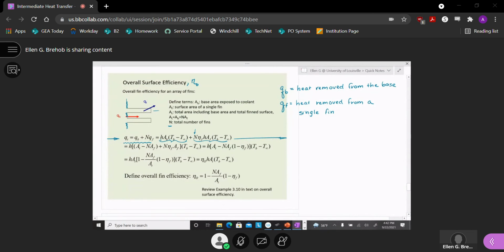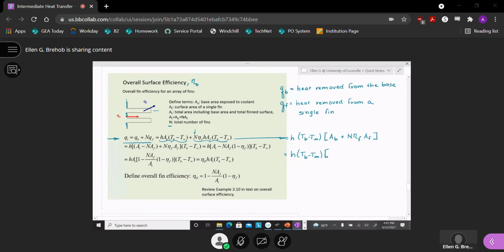I have an h, I have T base minus T infinity, and I've got left base area plus number of fins, fin efficiency and area of the fins. We're leaving the first part the same, T base temperature minus T infinity.